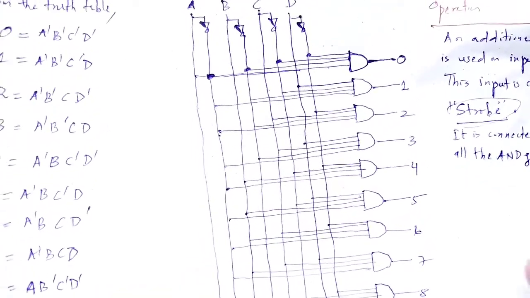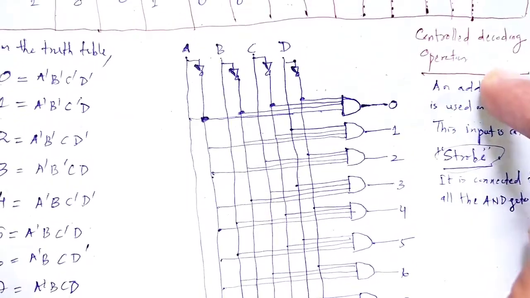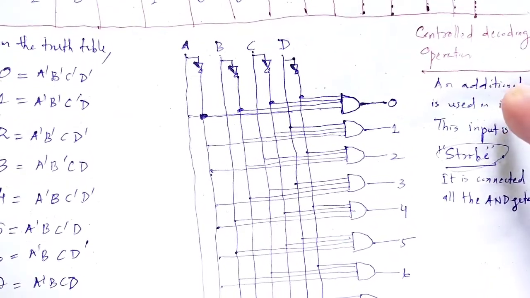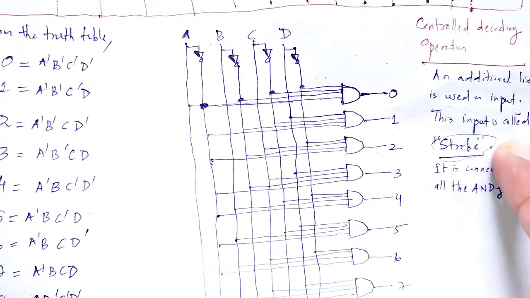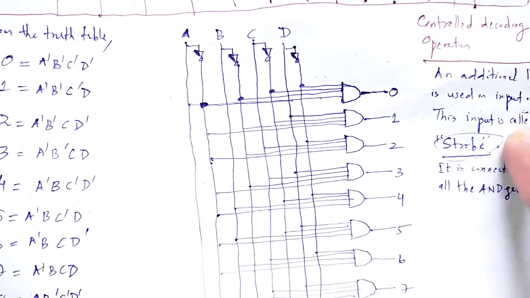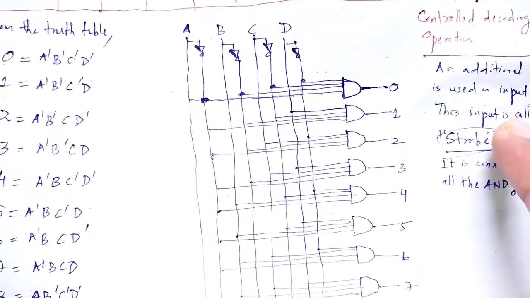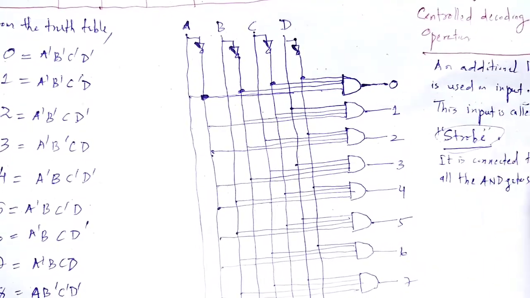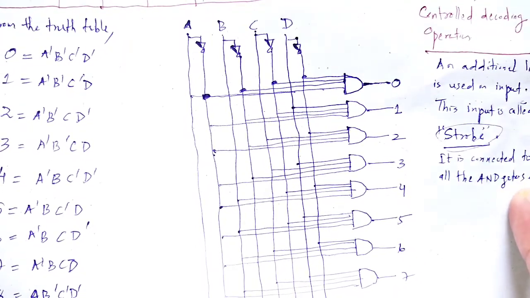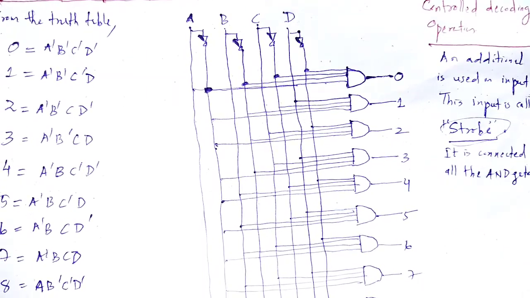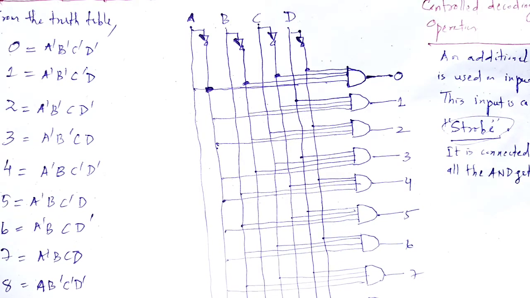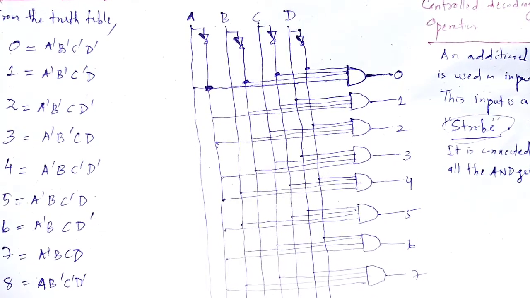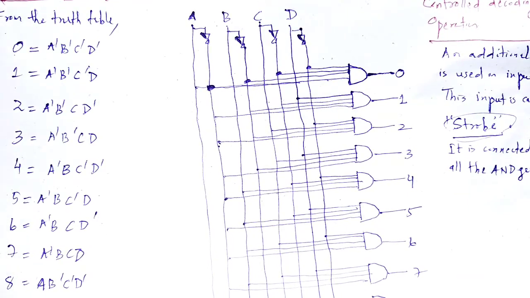And we perform a controlled decoding operation. In technical terms, strobe is introduced, which is an additional line to the input that is connected to the AND gates. And when we apply the binary signals, as on decoding starts, as off decoding stops.